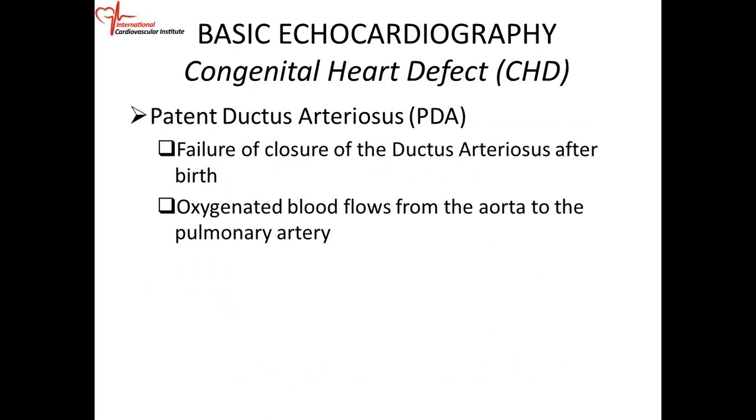There's a communication between the aorta and the pulmonary trunk, and that is what we call the ductus arteriosus. It allows blood flow to the lungs because the baby is not breathing and the pulmonary circuit is not fully formed. That is how the lungs get blood flow in the developing fetus: from the aorta to the pulmonary trunk via the ductus arteriosus.